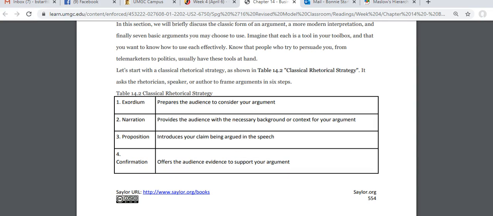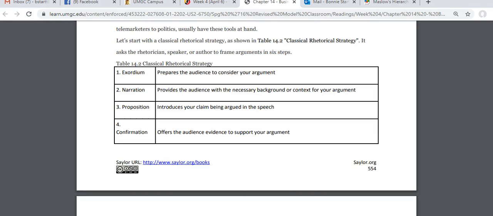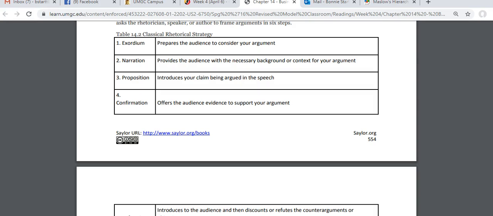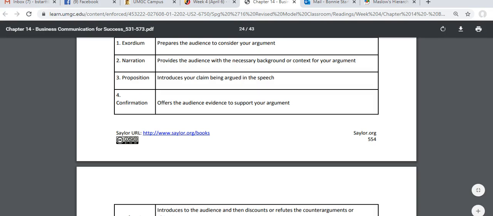All right, your rhetorical strategy, how to put your argument together using these 6 steps.